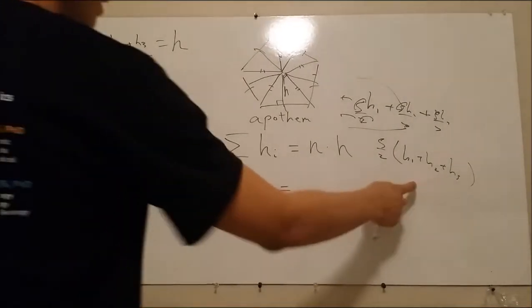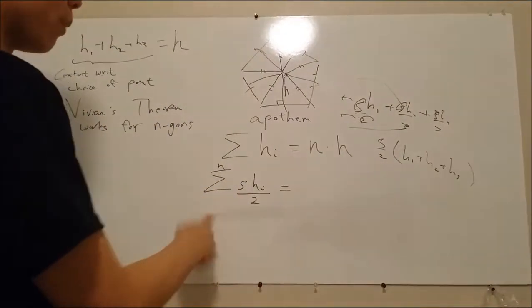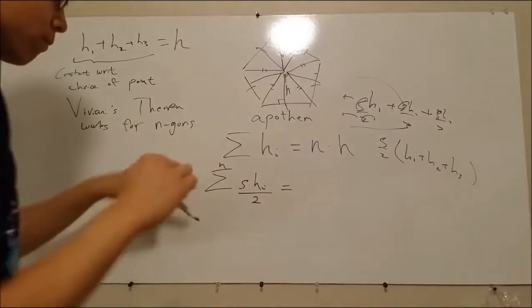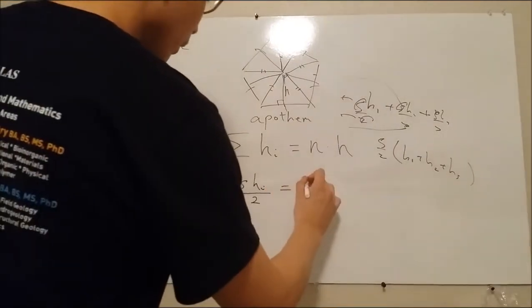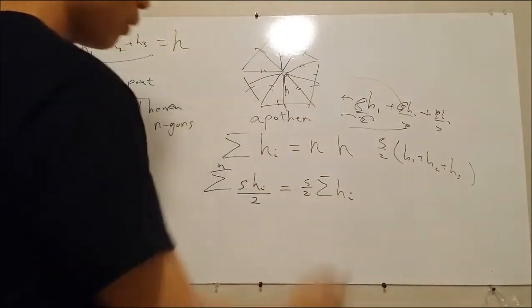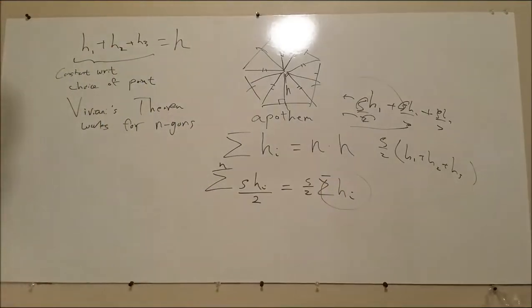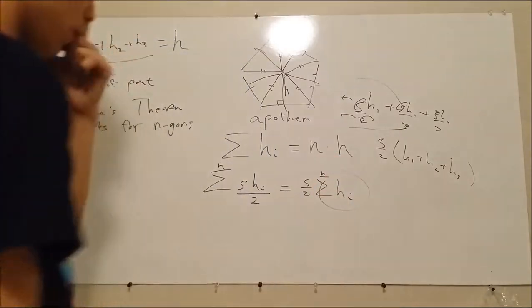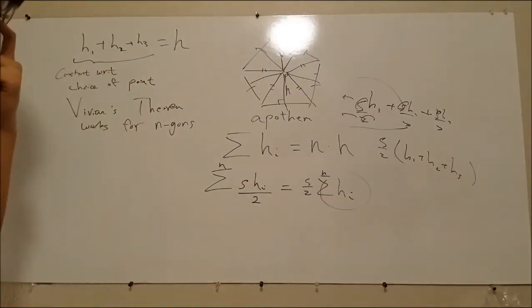Because here we had a triangle, here we have a pentagon, but we're trying to generalize to n-gons. So we can do the same exact thing. We pull out and we have this, the sum of the distances as we need, over the n triangles.